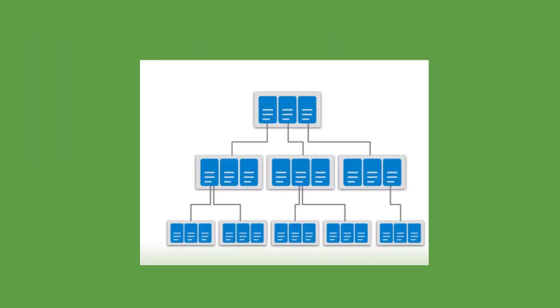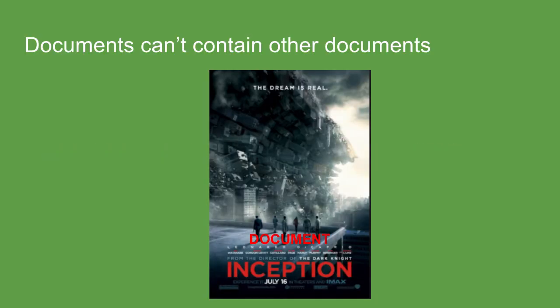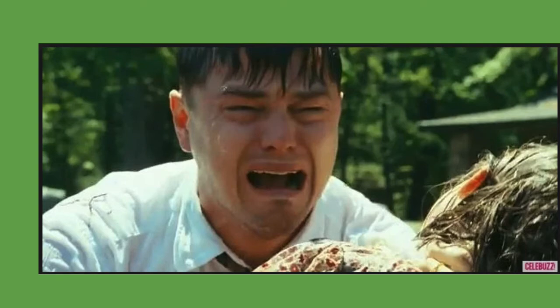That's why you point to different other collections, because you can't have a document inside a document. You can have strings, blobs, binary data, even JSON inside of it, but you can't have other documents. You can't have this document inception right there. So I'm sorry, DiCaprio, but that's the truth.